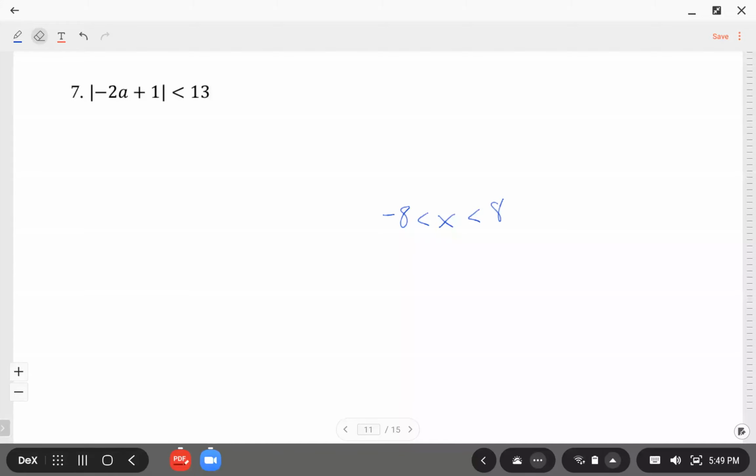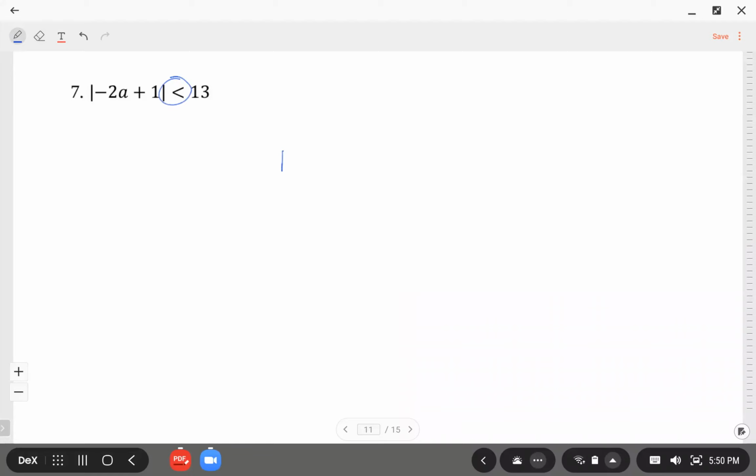Because we have this less than sign, it's going to be in between. However, if this were a greater than sign, it would go outside. I've taught you this in my inequality class, so make sure you don't forget that.